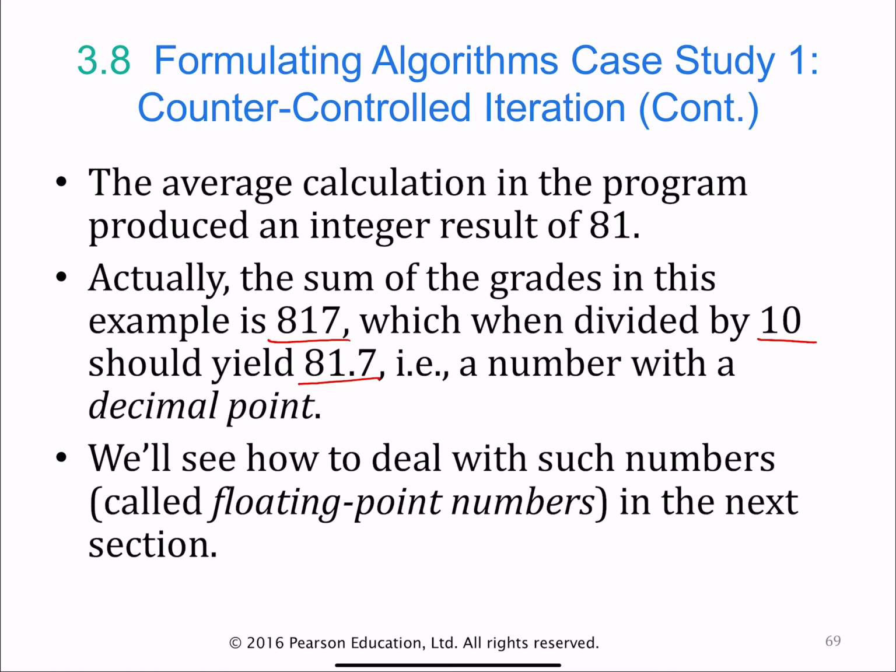But what we see over there is 81, and that is because we are dividing one integer number, total, by another integer number, 10, and the result will also be an integer. The fractional part is simply not stored, cannot be stored in average, because again, average is just an integer. So we need to fix that, and we'll do that now.